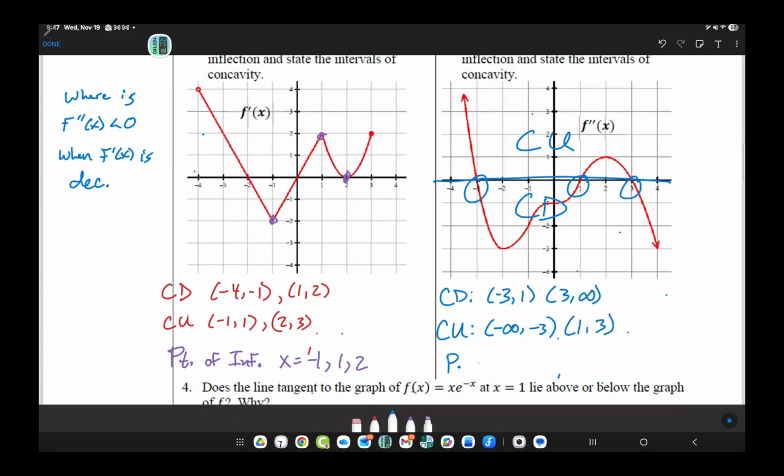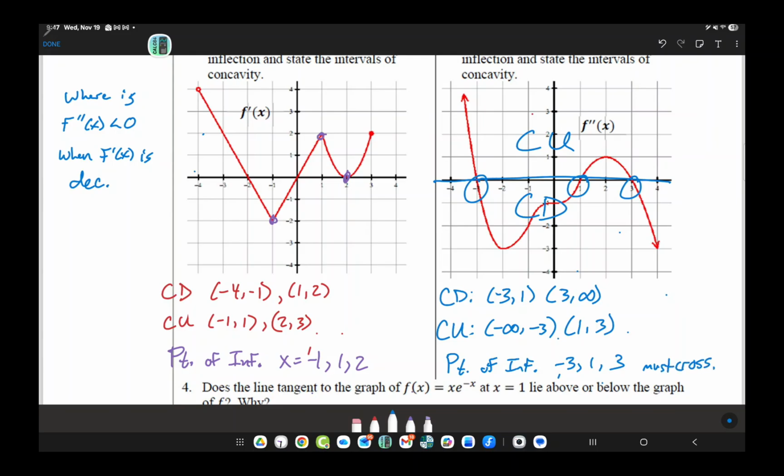So points of inflection. Now the points of inflection would be where it crosses the x-axis at -3, 1, and 3. Thing is, it must cross.